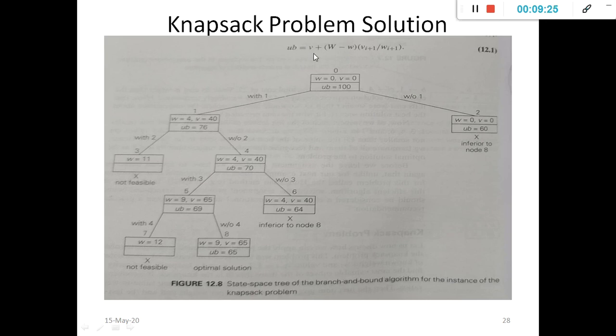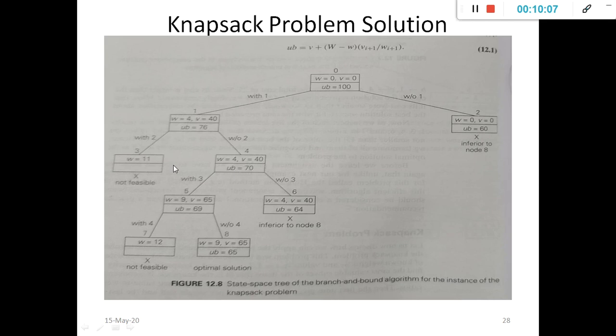That is, the value is 40 here and W is 4 here, then 10 minus 4 is 6, into the value to weight ratio of the third product, which is 5. Then 40 plus 6 into 5, it is 30, and 40 plus 30 is 70. At node 4 you will get the new upper bound as 70, without placing item 2 into the knapsack.